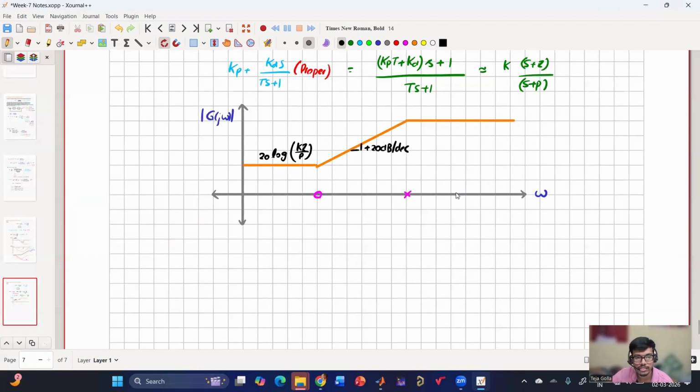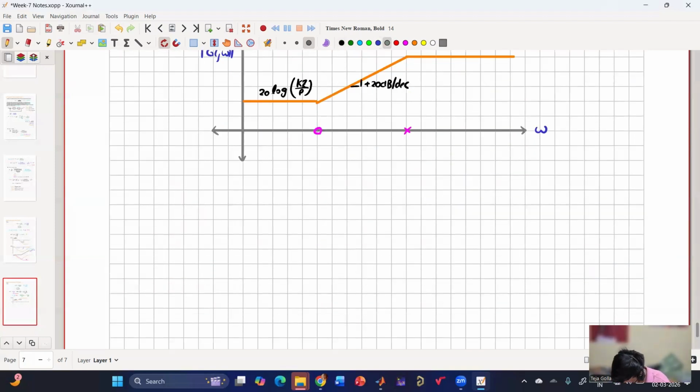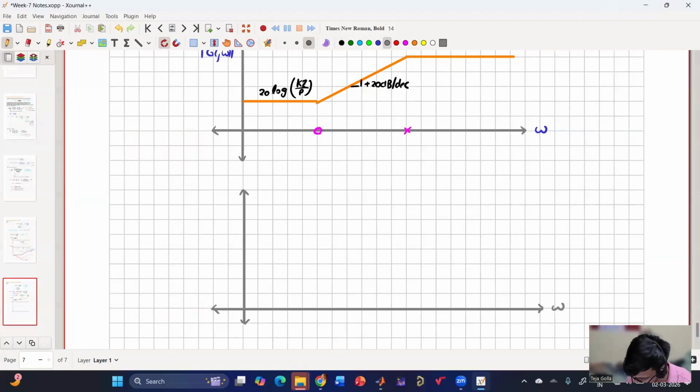Now if you go to phase, this is the angle G(j omega).